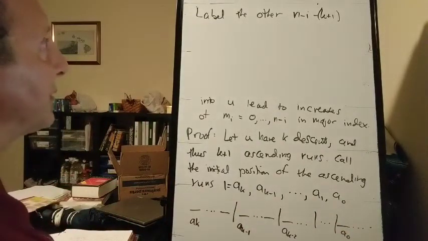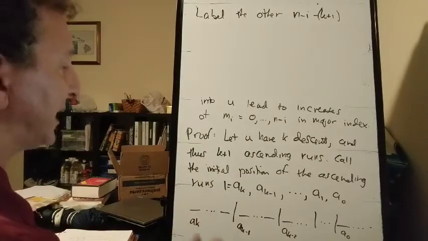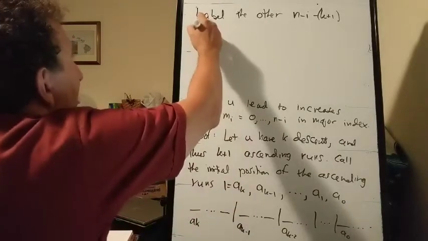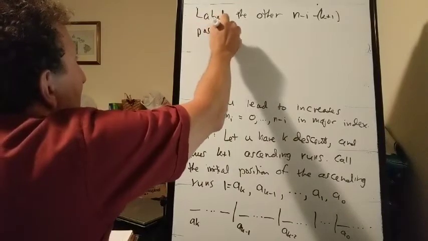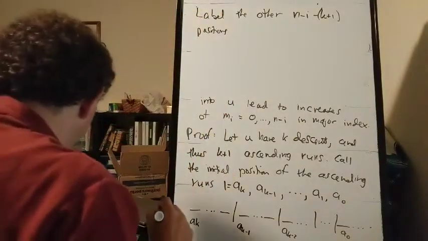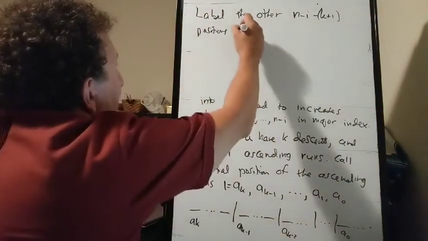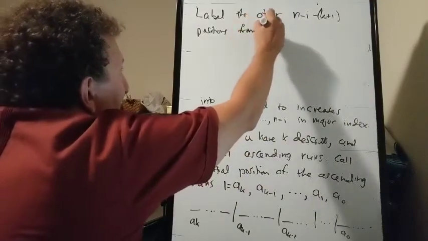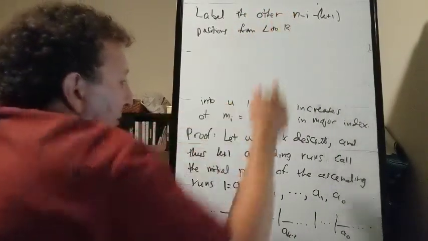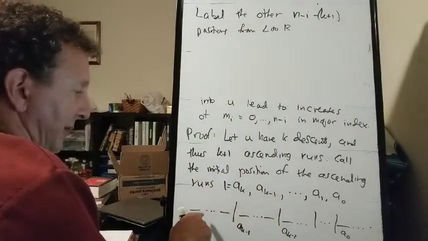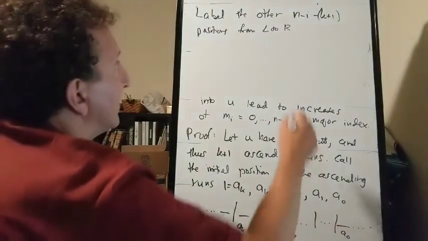So we'll label the other n minus I minus k plus 1 positions from left to right. And we numbered these from right to left, but now we're going to label the other positions from left to right.